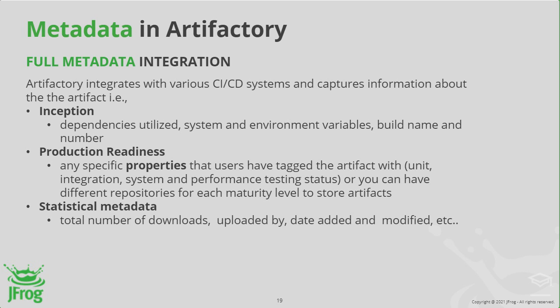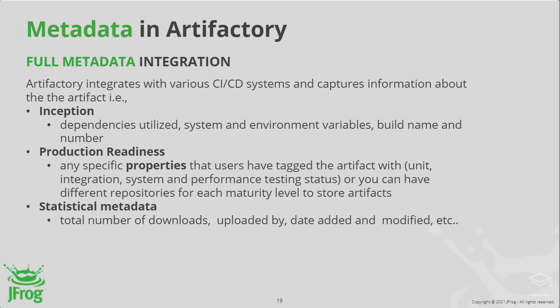Okay, now I've mentioned metadata earlier, and I want to further explain it. So we have different types of data that we can add to Artifactory through a CI/CD infrastructure. It is divided into different categories, but for example, part of the metadata could explain which dependencies were used for this artifact, what were the environment variables, from which system it was built, what was the build name, the build number.